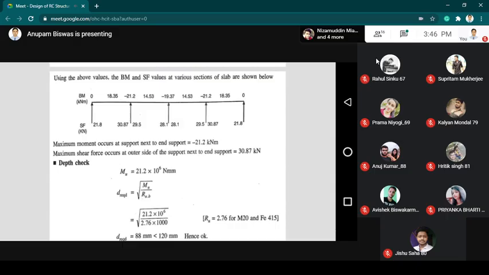So multiplying all the coefficients using the equation for bending moment and shear force, the maximum moment, as we can see, at the support next to the end support is coming minus 21.2 kilonewton meter, whereas the maximum shear force that occurs on the outer side of the support next to the end support is coming 30.87 kilonewton.